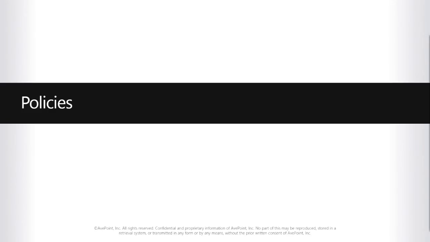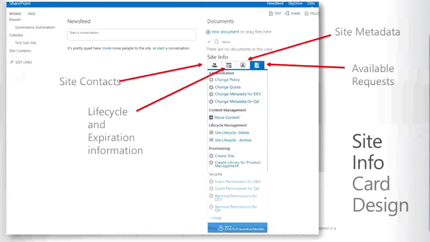One of the things, because we're doing business enablement and control and management, is we need a way to surface our policies to our end users in a way that they understand and that's useful to them. So I'm going to start with kind of the end user perspective of this. So this is a site that's controlled by governance automation, was provisioned by governance automation.